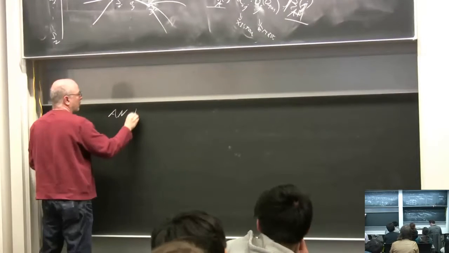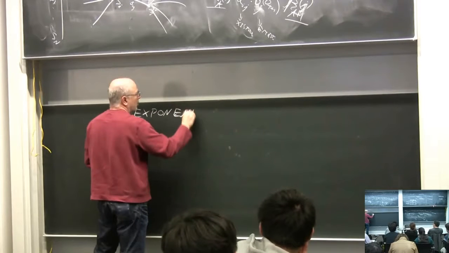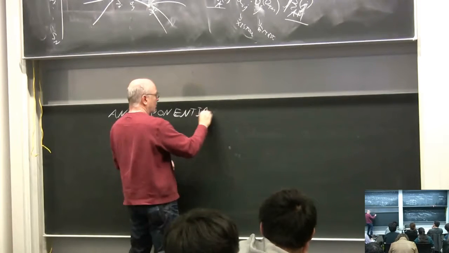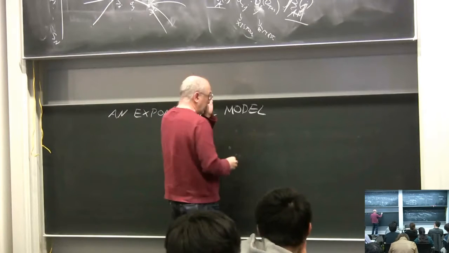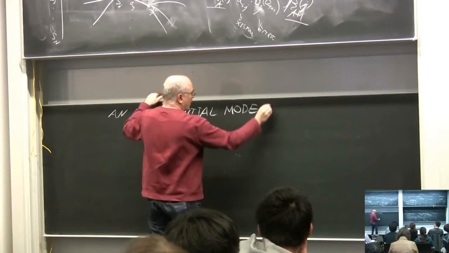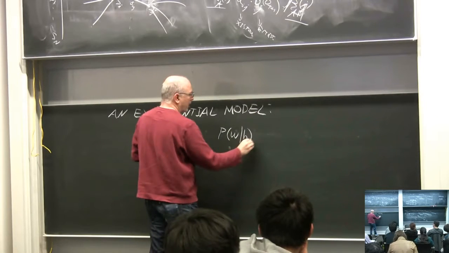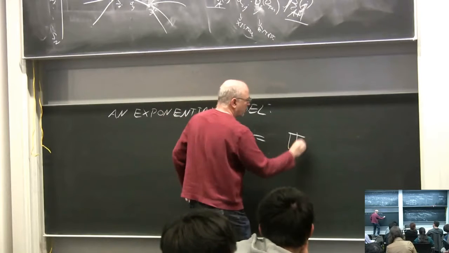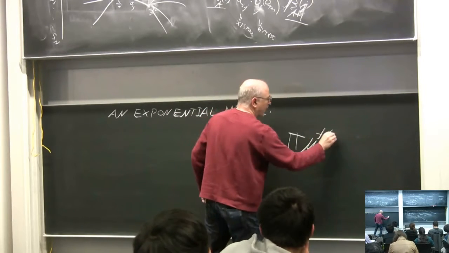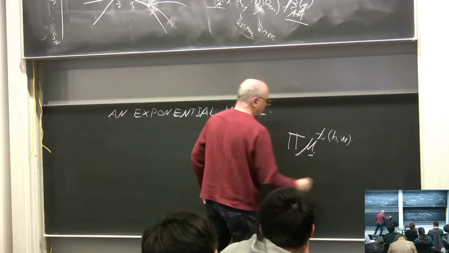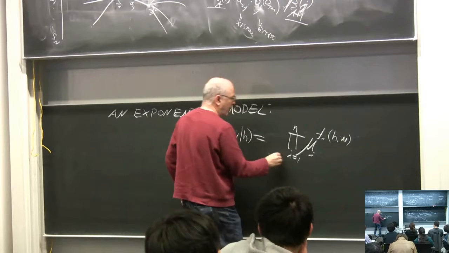A conditional exponential model is one that looks like this: the product of mu_i to the f_i of h and w, i goes from 1 to n.